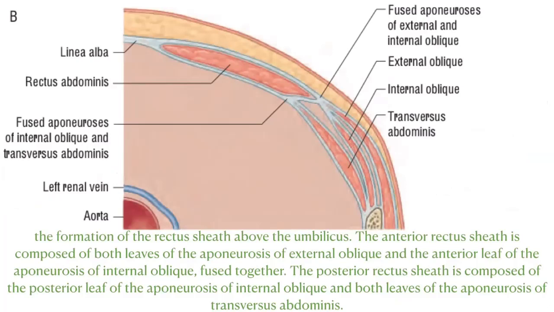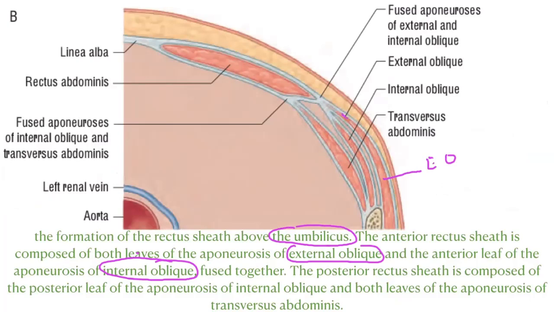Now, observe carefully, right? The formation of rectus sheath above the umbilicus. The anterior rectus sheath is composed of both leaves of aponeurosis of external oblique and the anterior leaf of aponeurosis of internal oblique. Remember that. Both leaves of aponeurosis of external oblique. You see, this is the external oblique muscle, right?